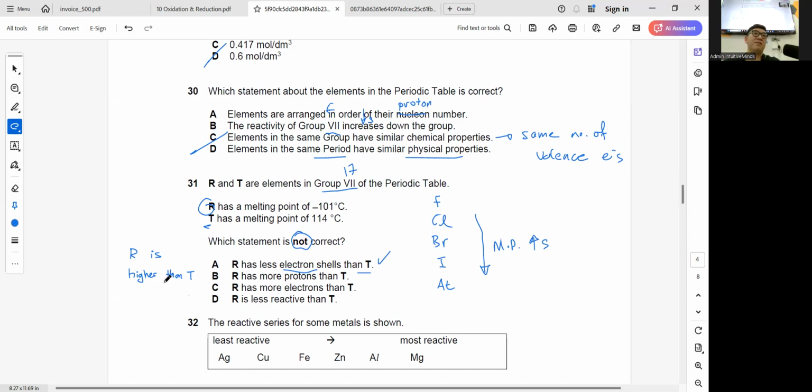That's like saying fluorine has more electrons than astatine. So C is therefore not true, and therefore it is the correct answer. R is higher than T, R has fewer electrons than T.